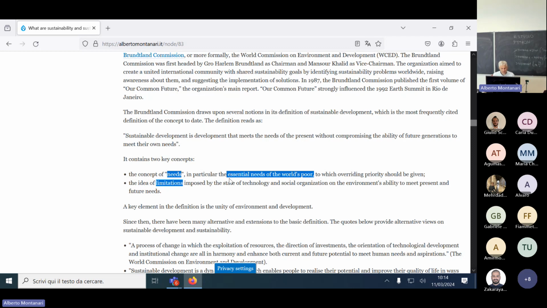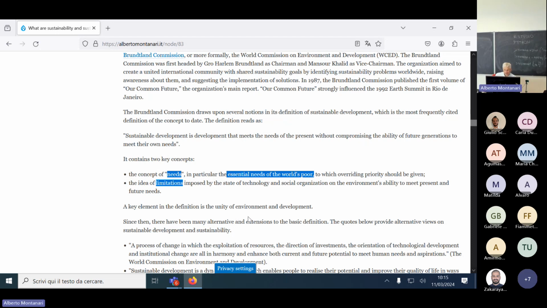Keep in mind that the limitation to development is something that we understood only recently. I mean, there is a limit, in the sense that we are not sure that present and future needs can be met. So this is the limit.